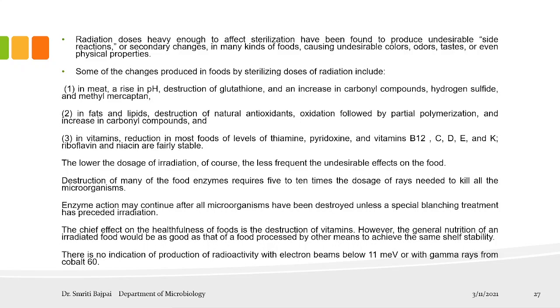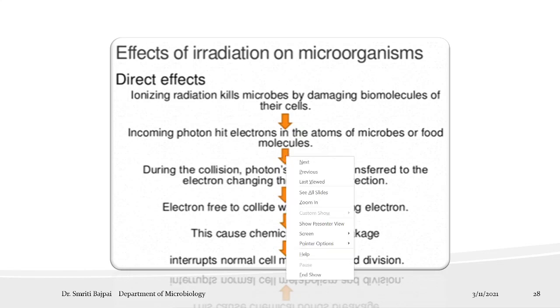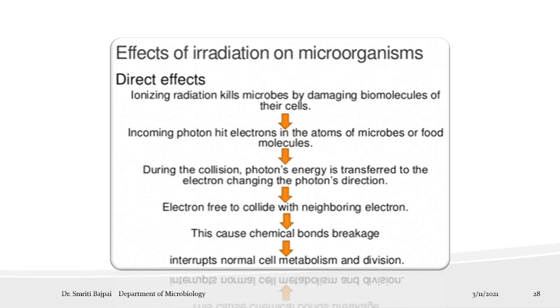If you see how irradiation affects food, directly, ionizing radiation kills the microbe by damaging the biomolecules of its cells. The incoming photon hits an electron in the atom of the microbe or the food molecule. During the collision, the photon's energy is transferred to the electron, changing the photon's direction.